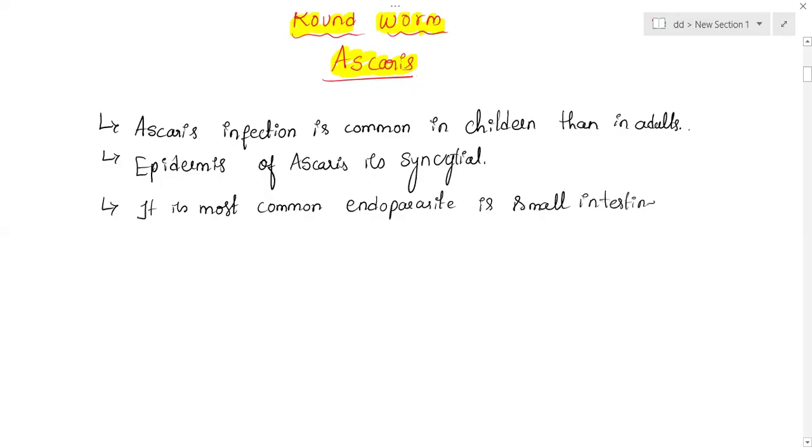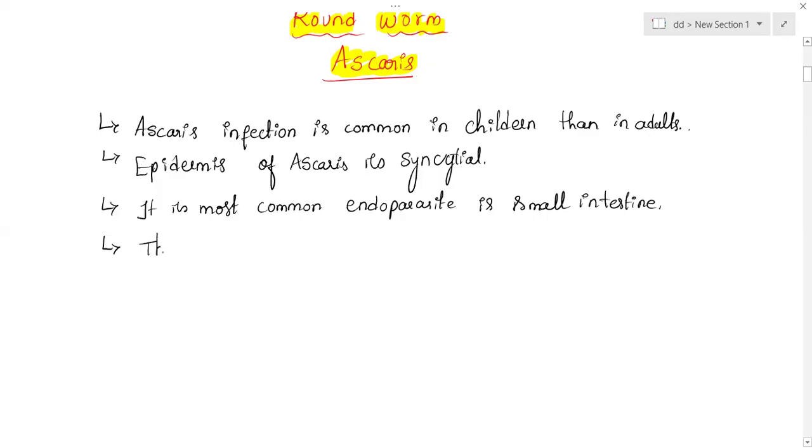Endo means inside, and it is a parasite. Why? Because it is there in the humans and it's taking nutrients. It causes harm and takes advantage from the host, which is why we call it a parasite. Where does it form? They form in the small intestine.